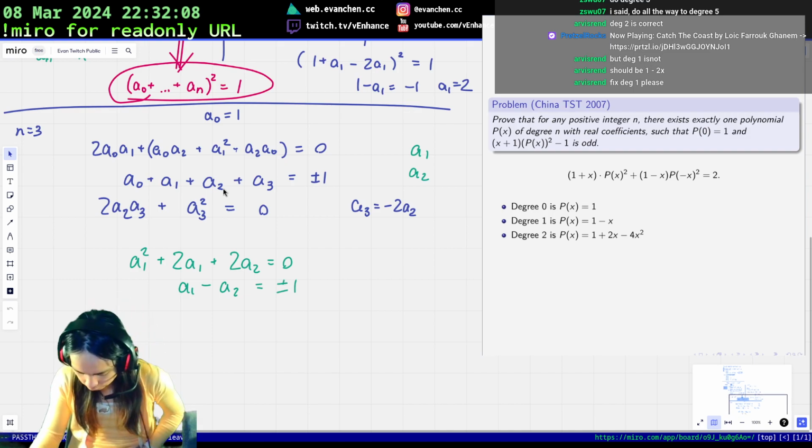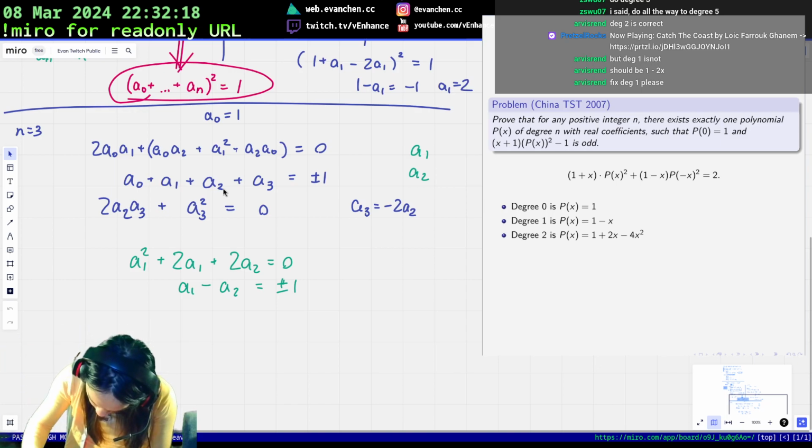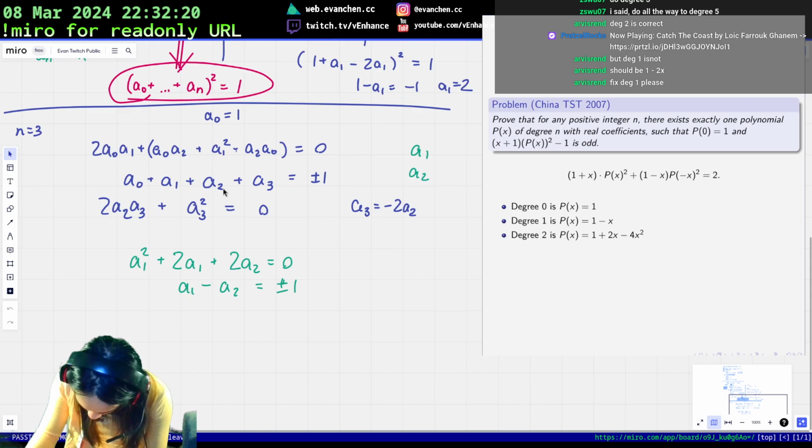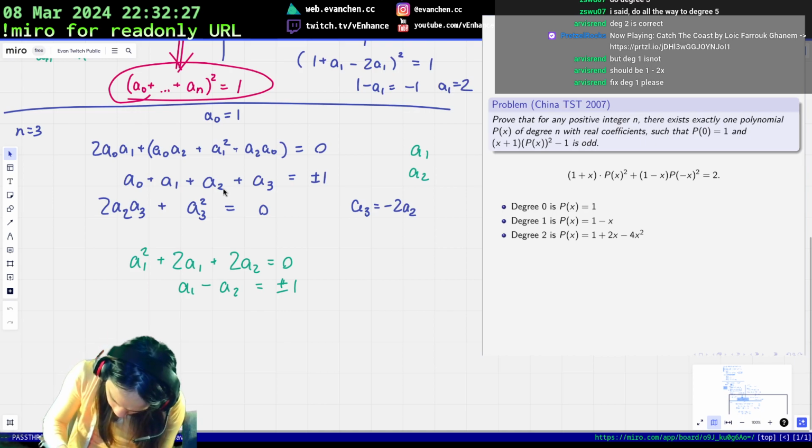Right. Now, what is the solution to this? Well, I can add twice the second equation to kill off a2, right? So we should get something in just a1.